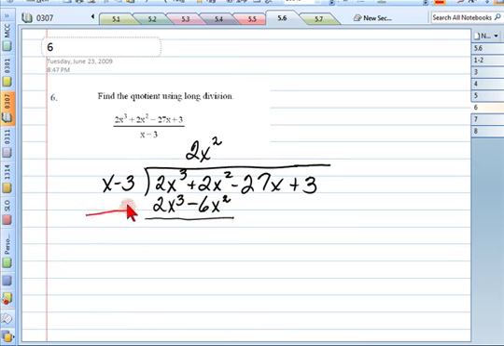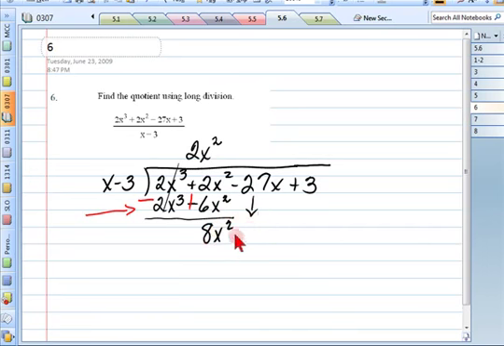Time for the red. Change the sign, change the sign. Those are gone. 2x squared plus 6x squared is 8x squared. And bring down minus 27x. Start over. Question time again.